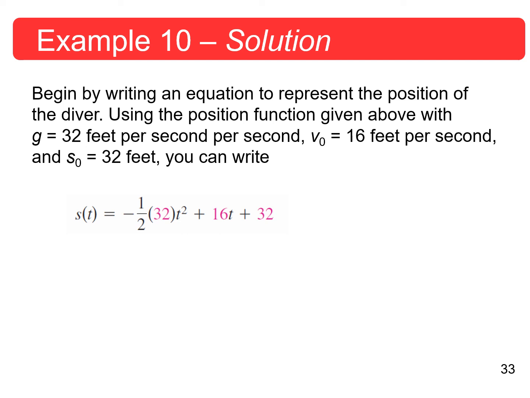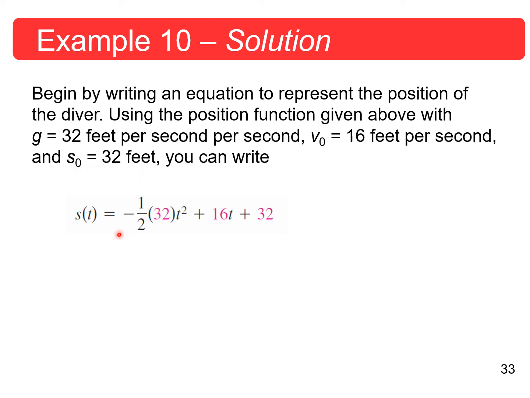Now, let's begin by writing an equation to represent the position of the diver. Using the position function that was given with g equal to 32 feet per second squared and your initial velocity, which is given to be 16 feet per second, and the initial position, since the diver is at the top of a platform diving board that is 32 feet above the water, then you can assume that the initial position is 32 feet.